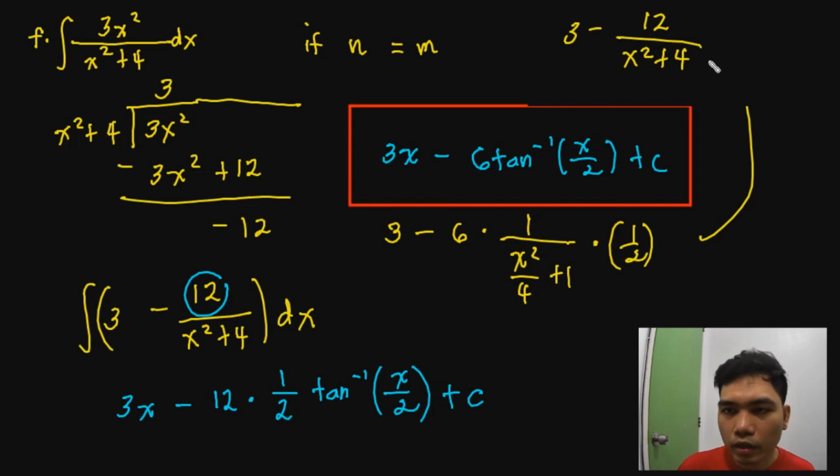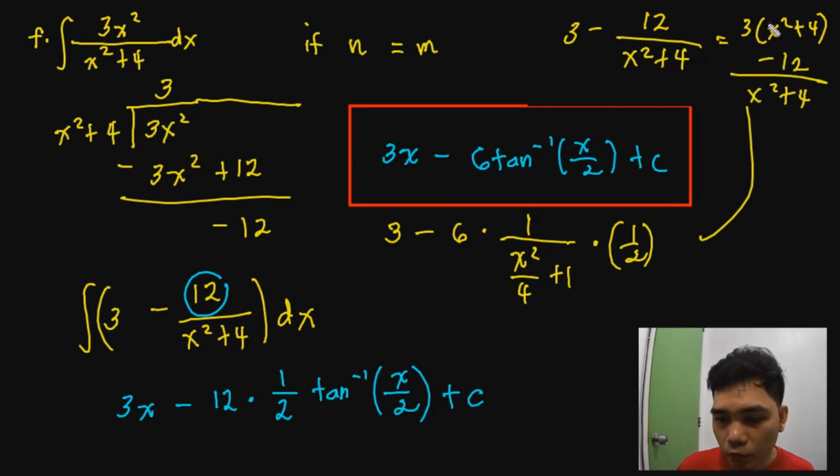Then we perform the necessary operation, so that is 3 times x squared plus 4, minus 12, all over x squared plus 4, which gives us 3x squared, and then 3 times 4 is 12 minus 12, so this cancels out and leaves us the whole integrand, that is 3x squared over x squared plus 4. So our answer here is correct.